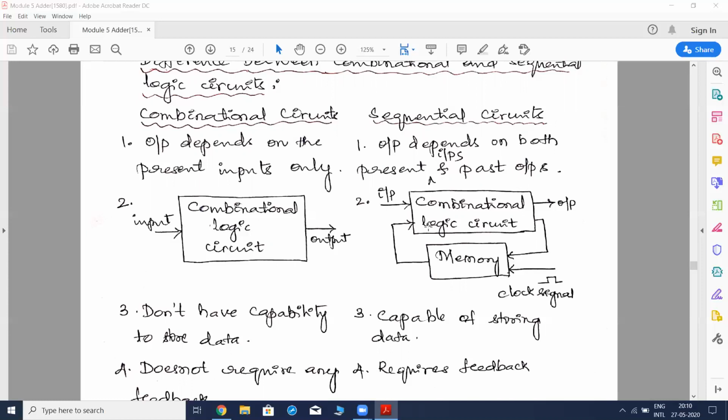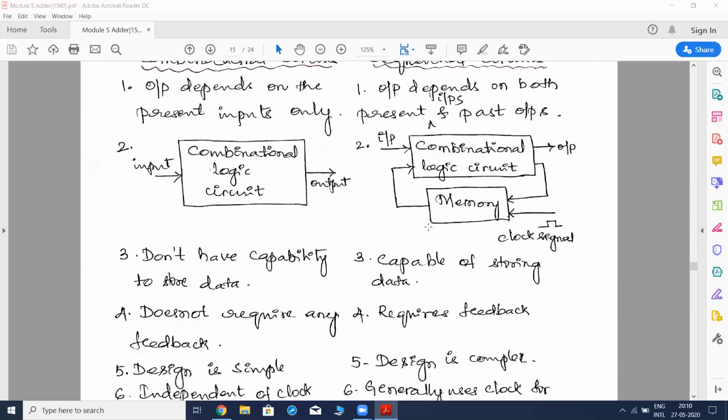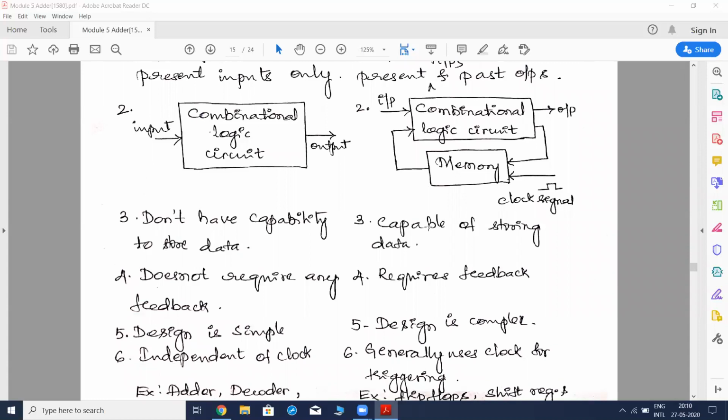Here, with the block diagram, we can show the difference between combinational and sequential circuits. When we give the input to the combinational logic circuit, we get the output. Here, the output depends only on the present input.